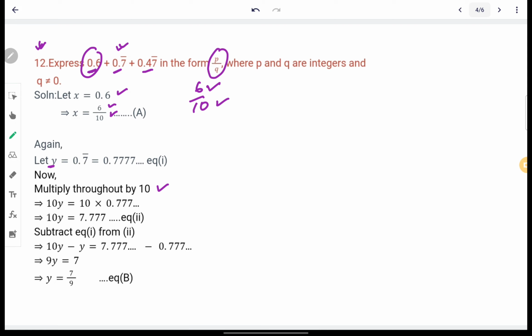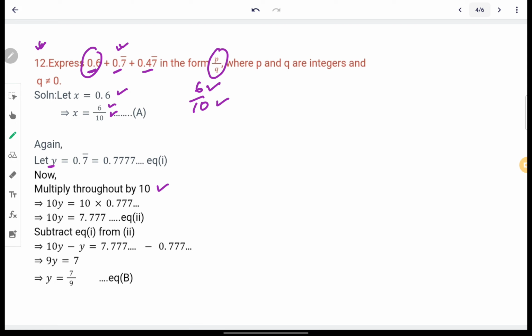Left hand side minus left hand side, then right hand side minus right hand side. So 10y minus y, I'm going to get 9y. If you subtract 7.777 and 0.777, the subtraction obviously is all 0, we're going to be left with 7. Now this 9 will go down, right? So you can notice here we have expressed 0.7 bar in the form P by Q.